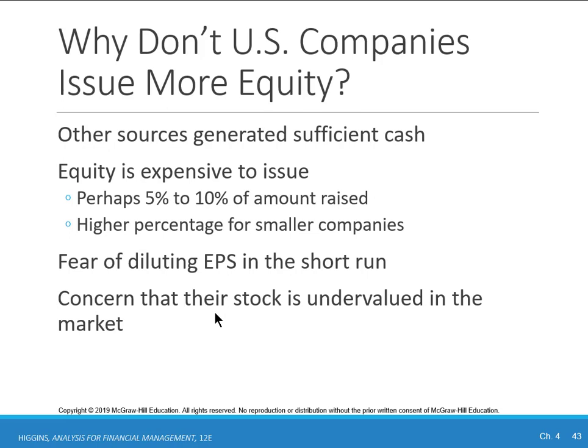So why don't more companies issue stock, or why don't they do it more frequently? First of all, other sources give us a lot of cash. Second, equity is just very expensive to issue. Sometimes it's 5 to 10% of the amount raised, and for smaller companies that even increases. There's also some fear of diluting earnings per share in the short run.